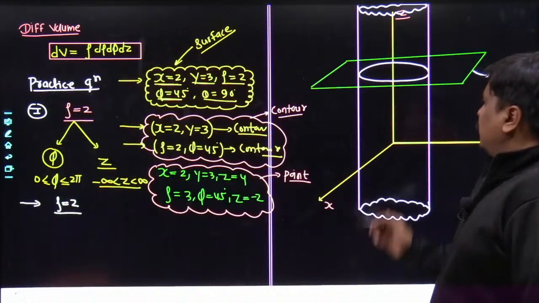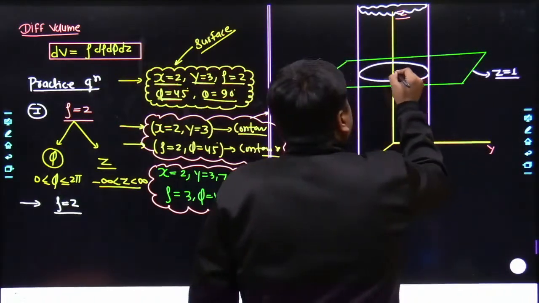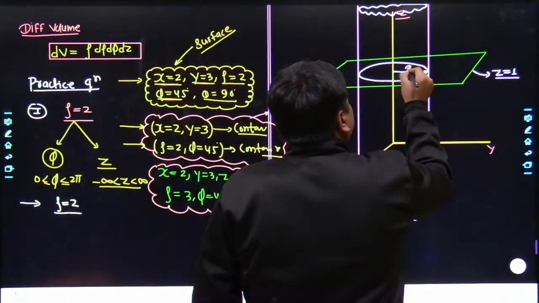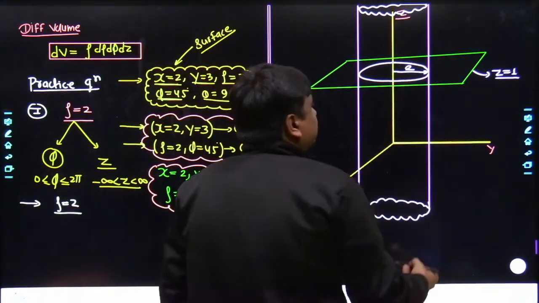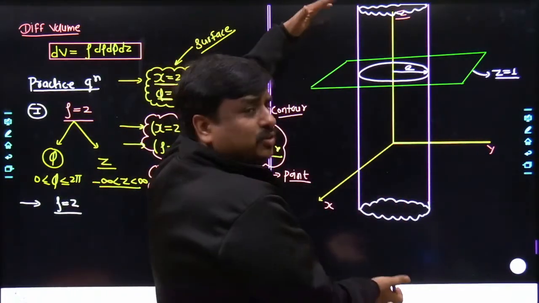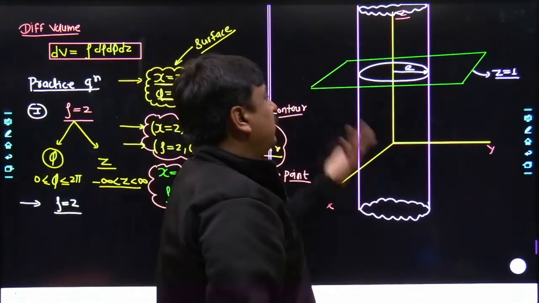You can see by yourself. If you talk about its radius, it is simply equal to rho. The rho has been taken as 2. That's the first thing. Similarly, its center axis is simply the z axis, and its height can go from minus infinity till plus infinity.